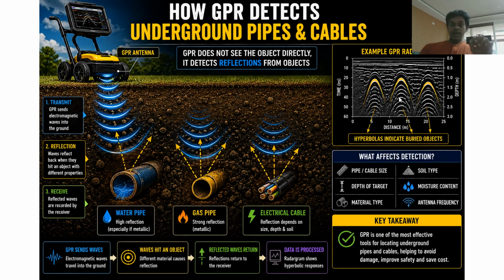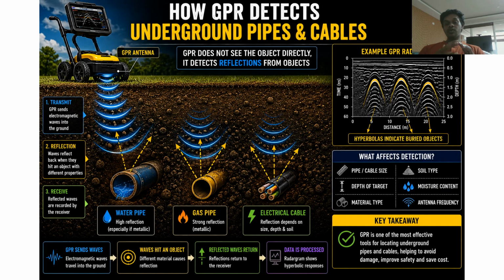If you have ever seen any GPR radargram, you might have noticed these curved patterns. These hyperbolas are one of the biggest clues that a buried object may be present. But in the coming videos, we will learn about these hyperbolas and how to differentiate them.